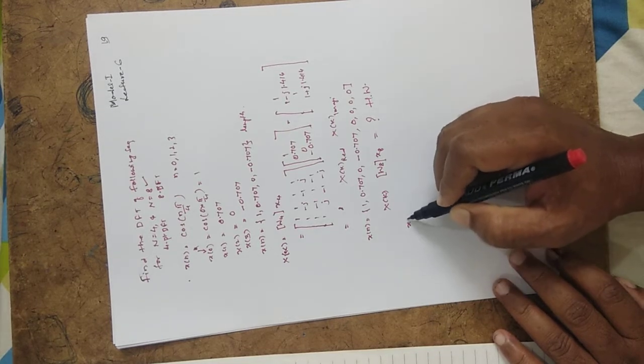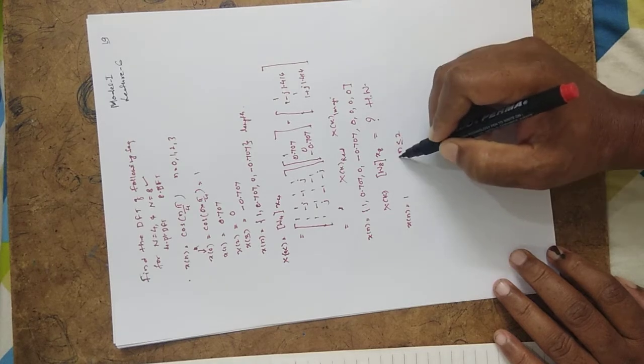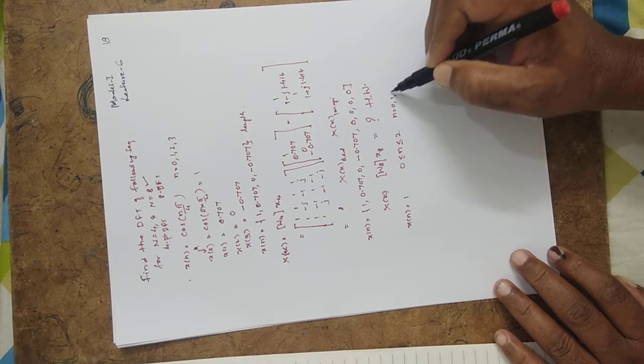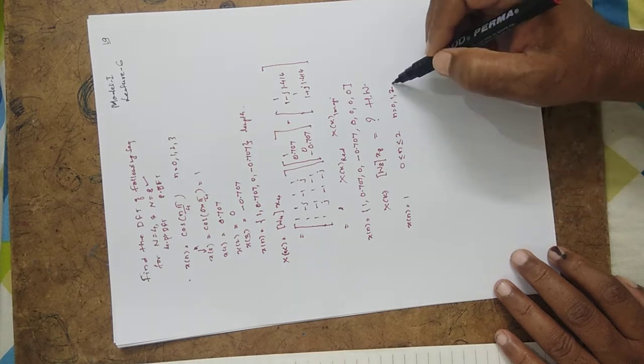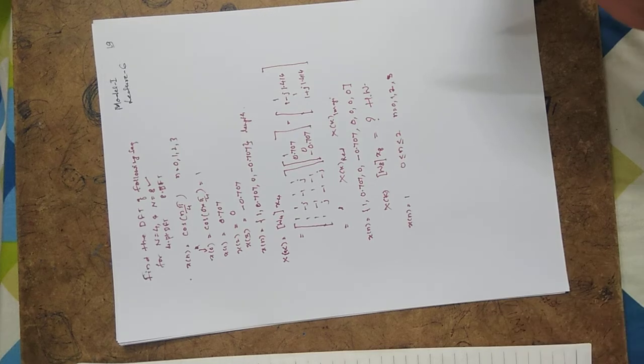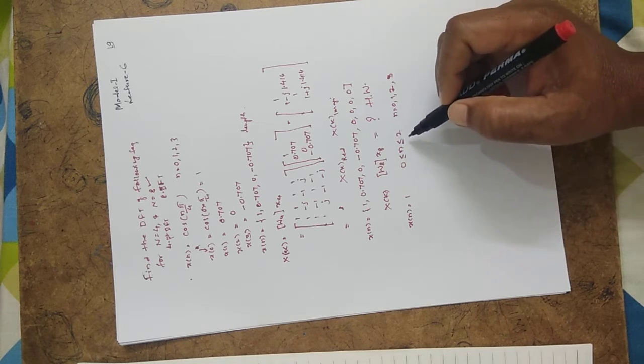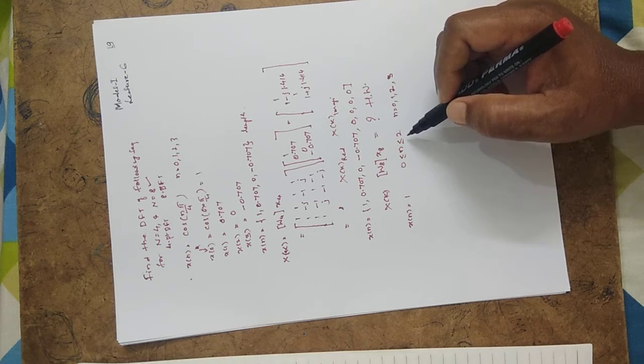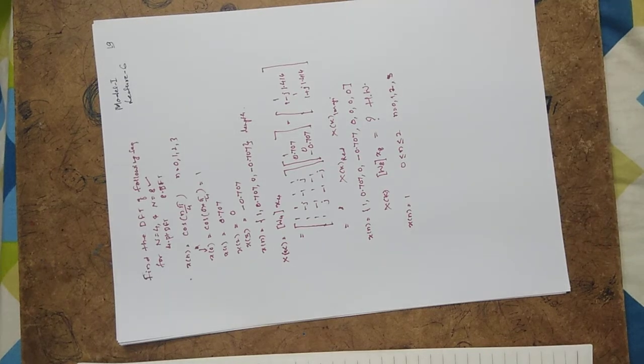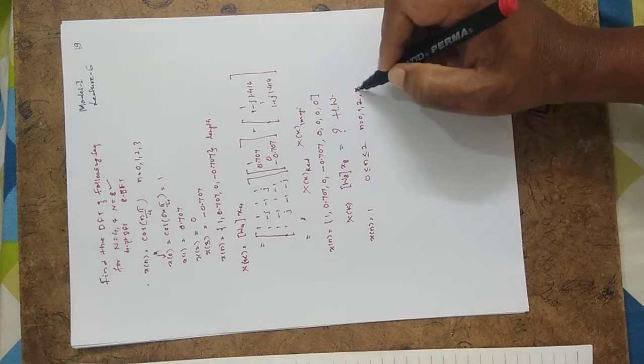Next example, I will take a simple case: x of n equal to 1 for n between 0 and 2, so n ranges over 0, 1, 2, and x of n is 0 otherwise.